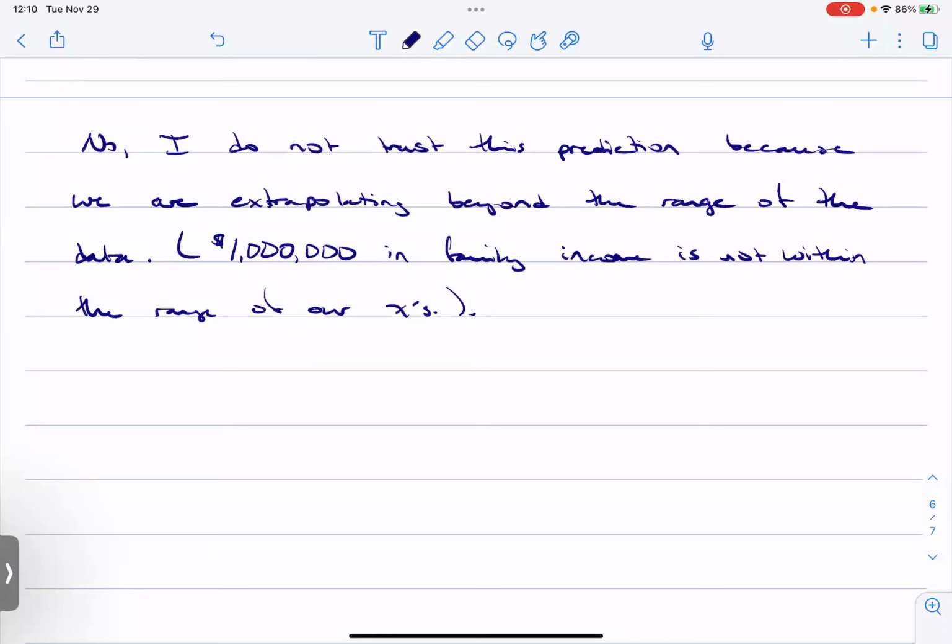So, last thing we're going to talk about is R squared. You've likely seen R squared before. It's a measure of how well our model fits the data, if it's a linear relationship, right?